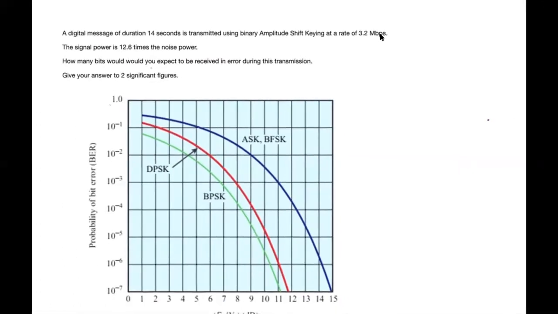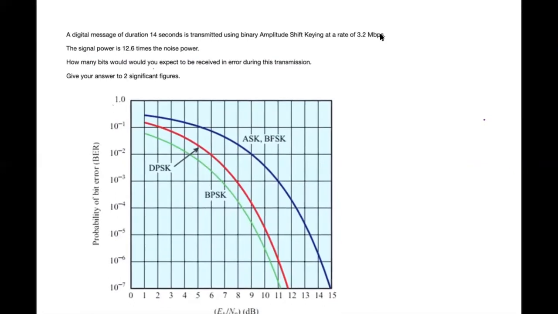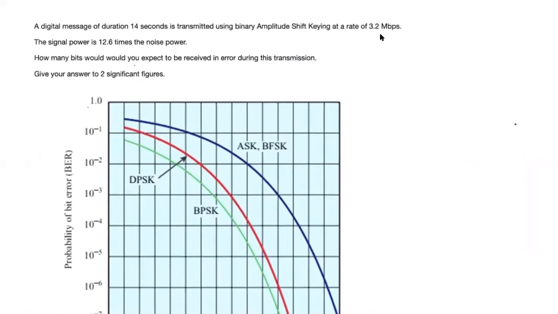So for example, here on this question, there are a series of questions all looking at these bit error rate curves. Okay, so for bit error rate performance, you have a series of curves that generally look something like that.